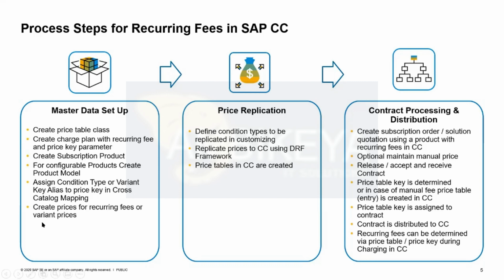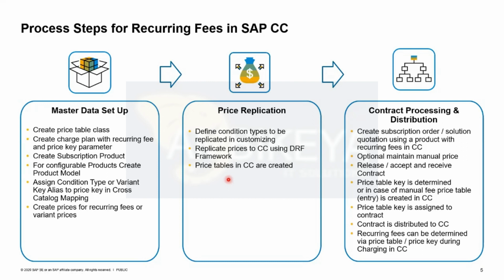So when you are creating a price for a recurring fee in SD pricing, DRF checks if the condition is relevant for replication to CC based on this customizing, and then this gets replicated to CC.